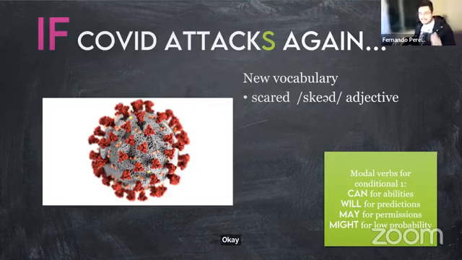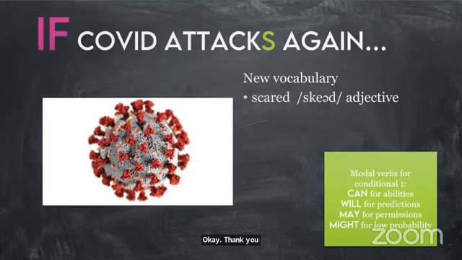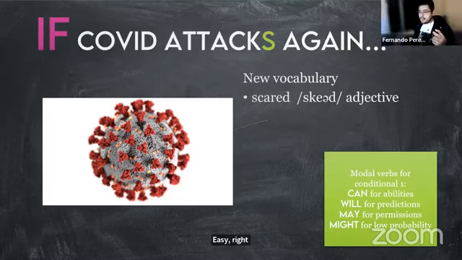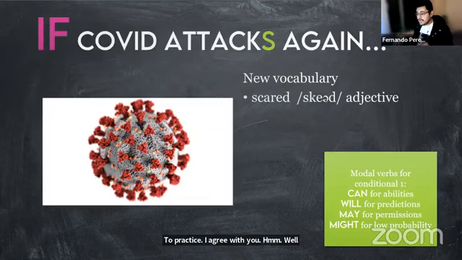Okay. Perfect, guys. Very, very good. Difficult, easy or difficult? Easy. Easy, right? Well, you need practice. Yes, of course. We need to practice. I agree with you. Well, that's super important to have in mind. I need you to remember this structure.